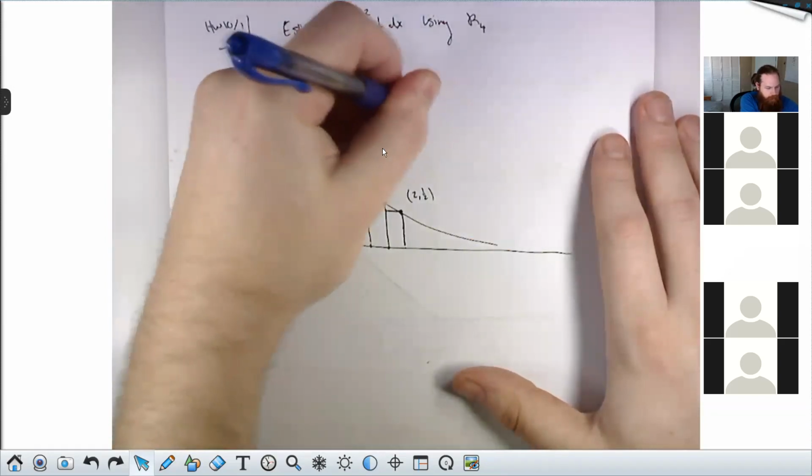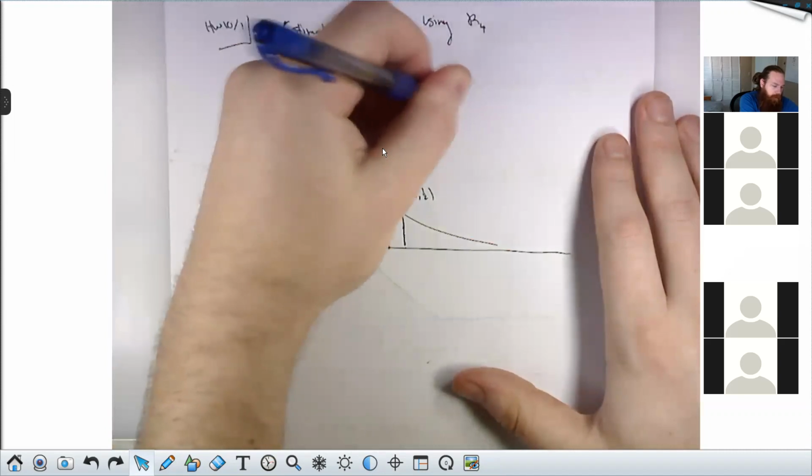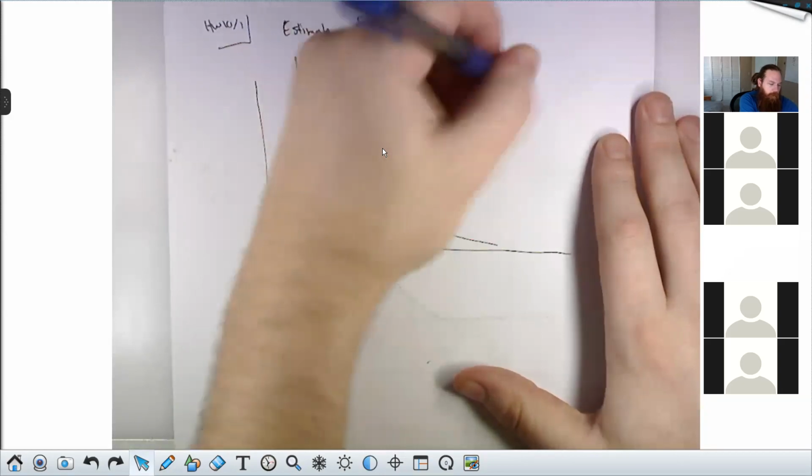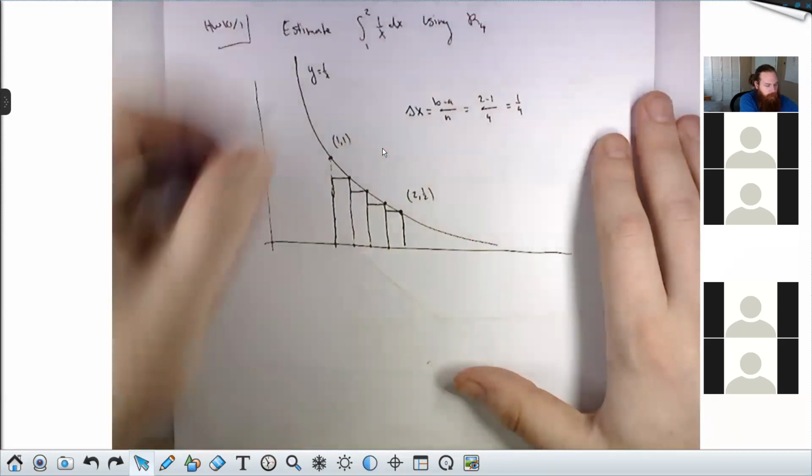Delta x is always b minus a over n, which is 2 minus 1 over 4, which is 1/4.